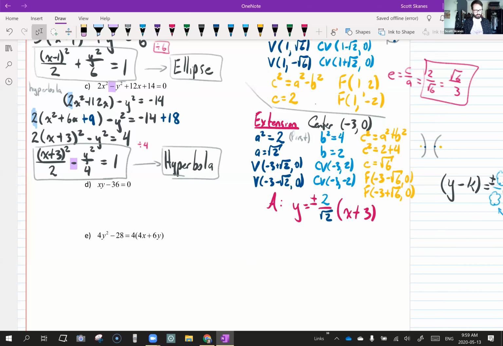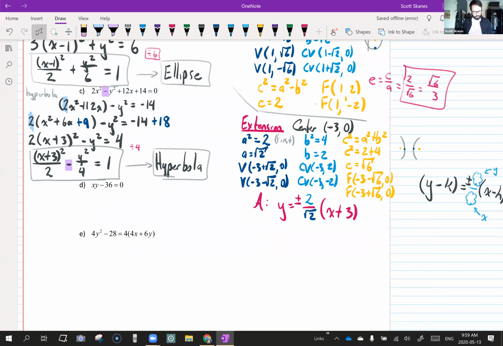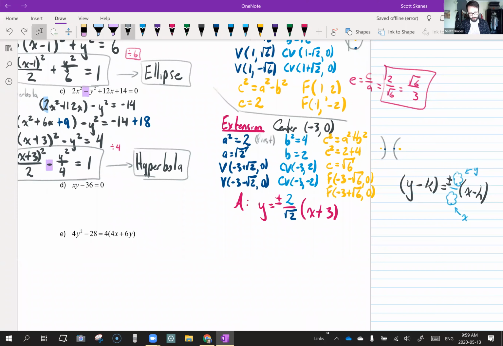Tarek, I'm not sure how you got your numbers. Where did the x minus 4 come from? Because we're stealing this from this, yeah? Maybe you looked in the wrong place. B squared, yeah. So remember, we have our formula for the asymptotes. It's this.